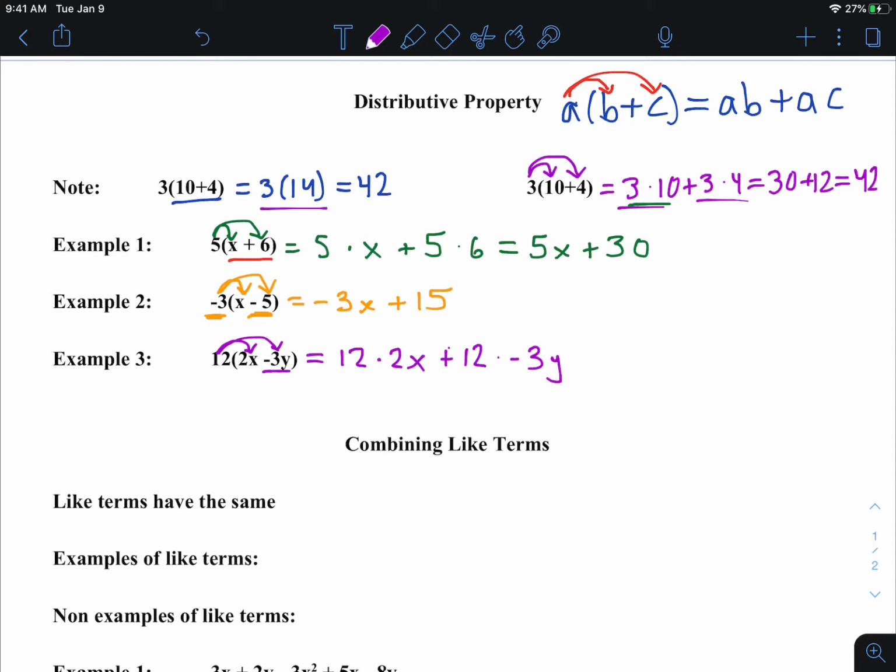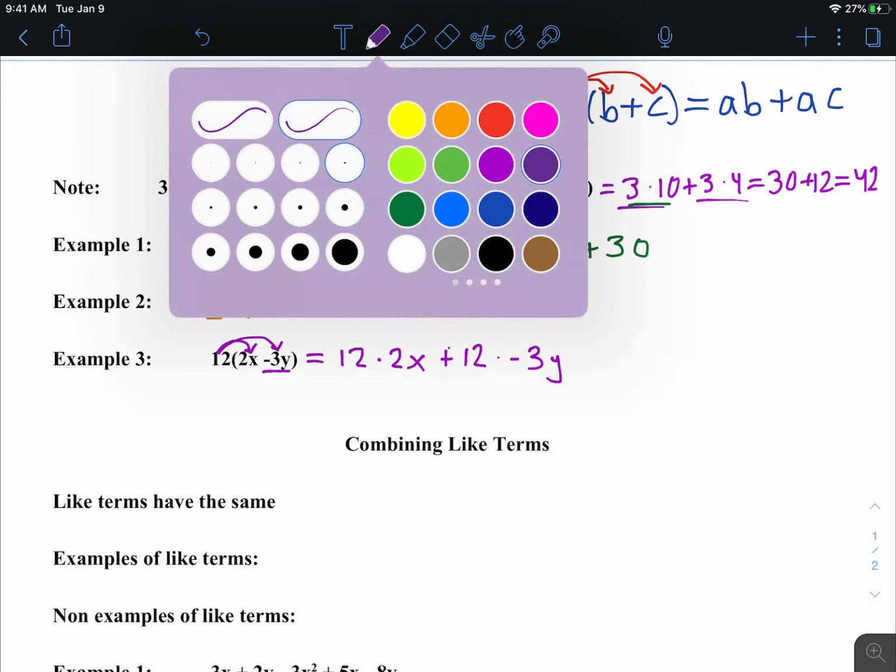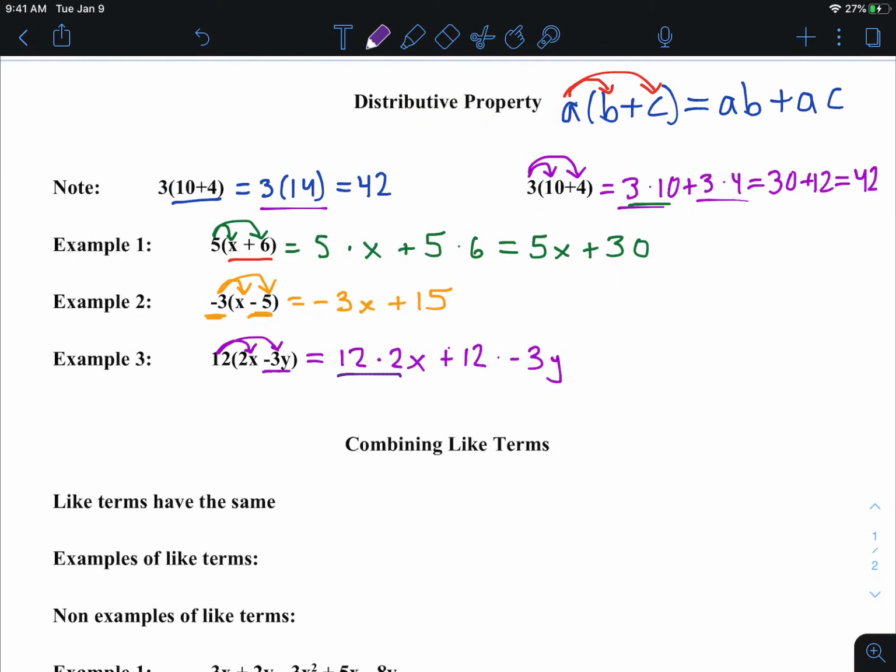I'll multiply what I can, and what I can multiply is the 12 times 2 and the 12 times negative 3. So this will become 24x. 12 times negative 3 is negative 36y. I don't need that extra plus in there. I can just write it as 24x minus 36y.